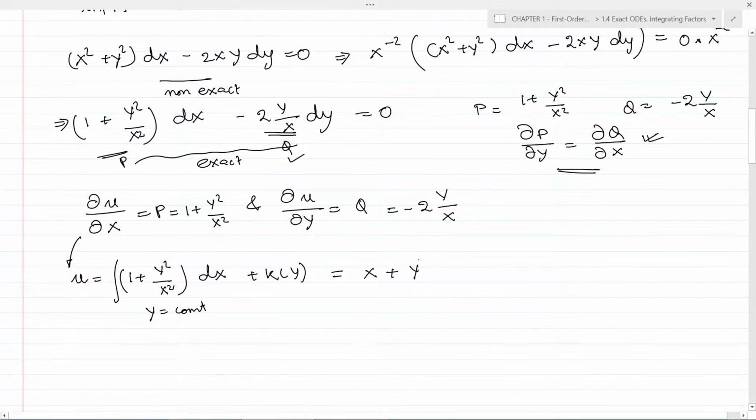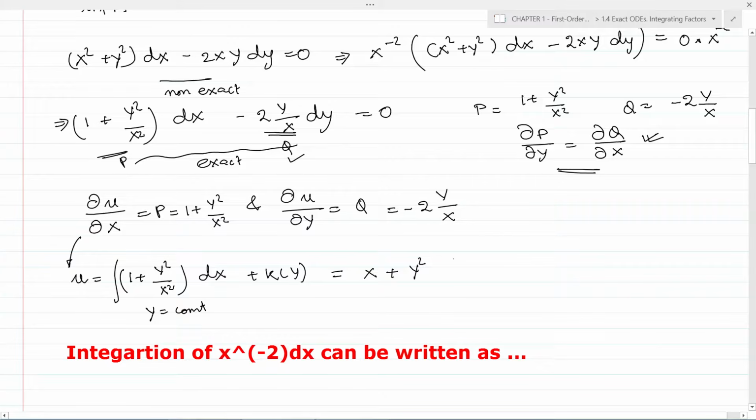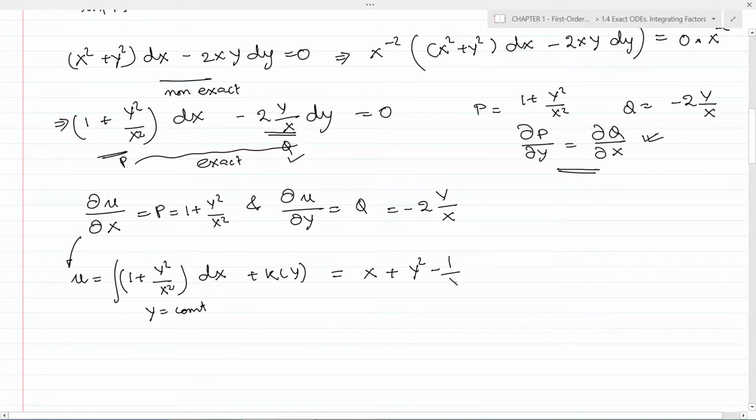So, y square we take outside of the integration, and x to the power minus 2 dx can be written as minus 1 by x, plus k of y, which is the constant of integration, and this is equal to x minus y square by x plus k of y.